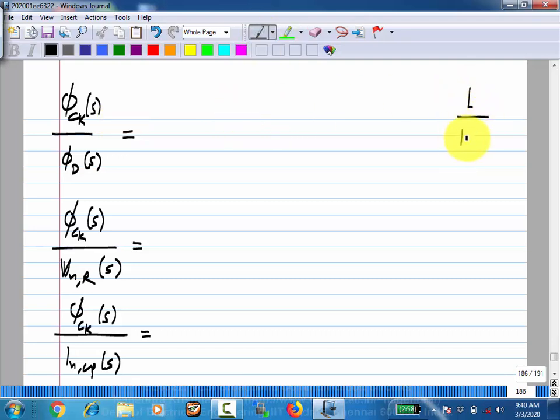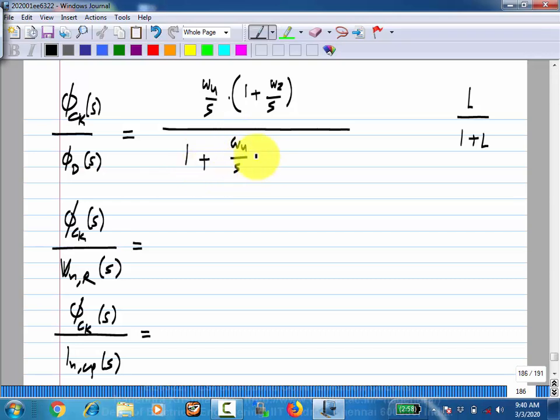And L itself is omega u by S times 1 plus omega z by S, divided by 1 plus omega u by S times 1 plus omega z by S.